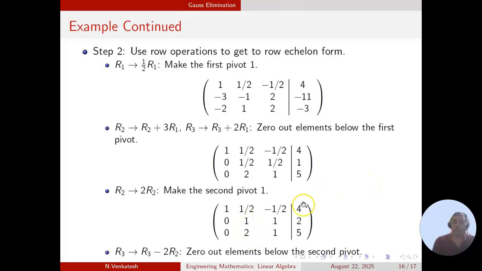Now after transformation, we get back to the equations, because now for the third equation, the coefficient of x is 0 and the coefficient of y is 0. Only the coefficient of z is there, that is also 1.